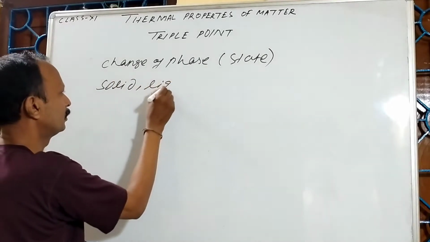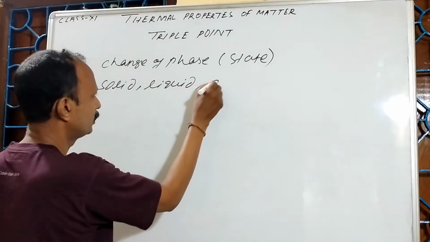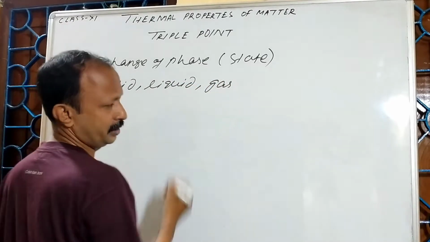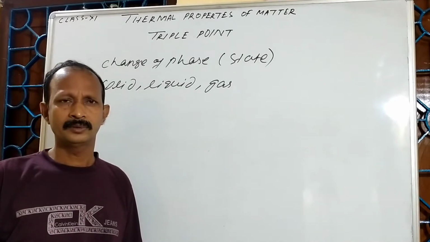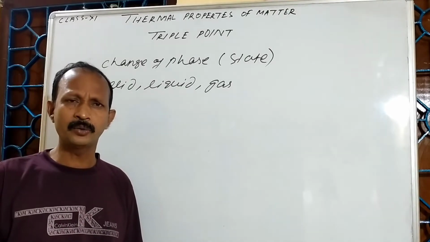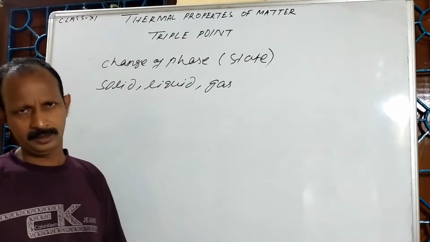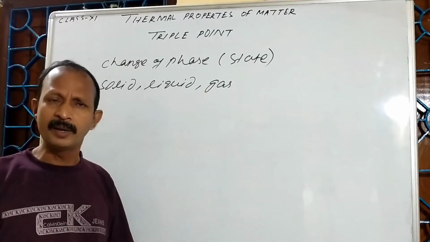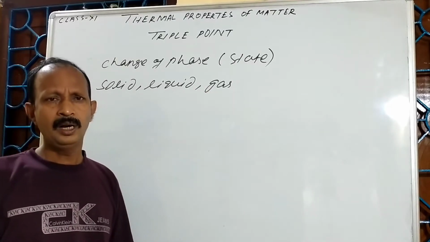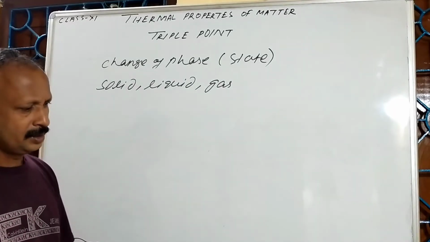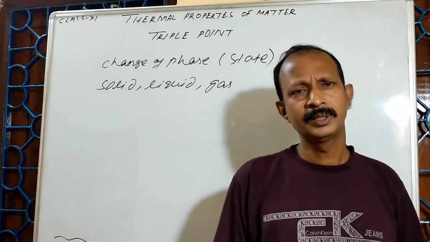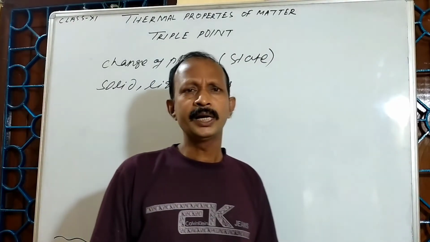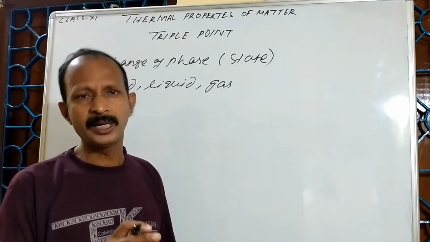Solid state, liquid state, and gaseous state, or you can say vapor state. How is it possible? A matter can exist in different states depending upon its temperature and pressure.